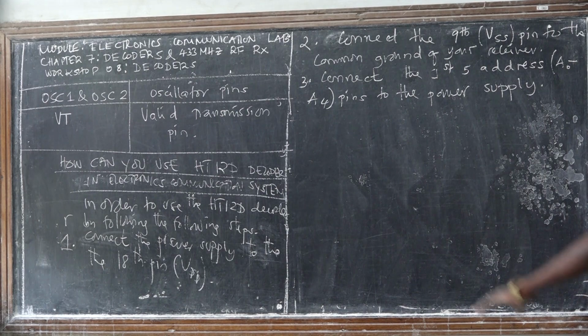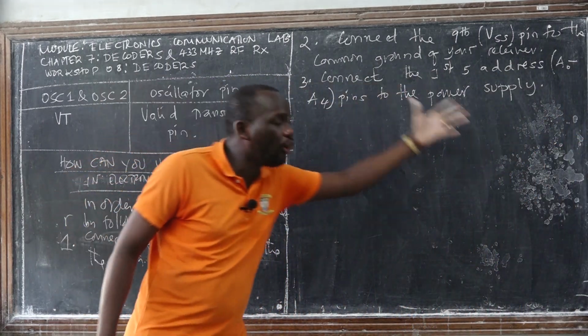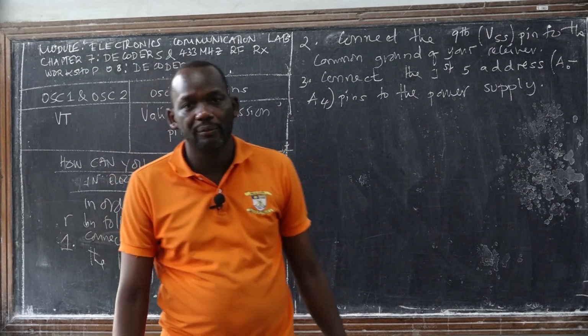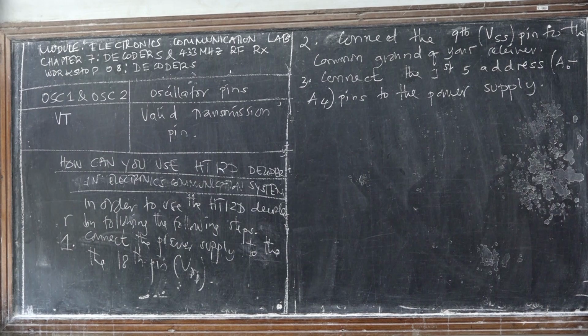If in the HT12E encoder we connected maybe 4 address pins to the power supply, similarly in the HT12D decoder we have to connect 4 or 5 address pins to the power supply. So what you have done on the part of the encoder, we have to do on the part of the decoder. Why? Because encoder and decoder work as a pair.